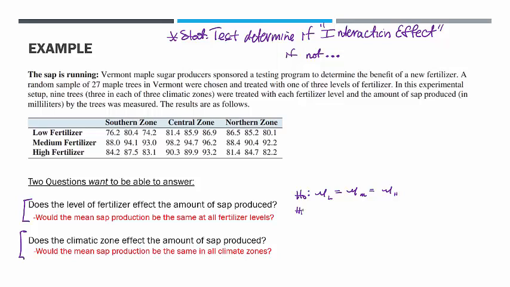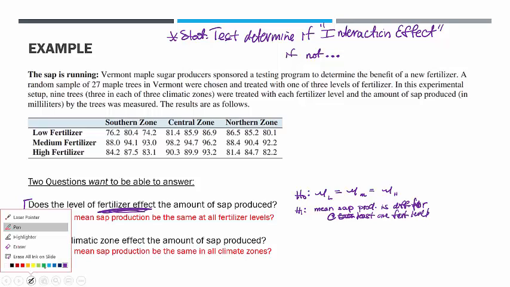The alternative hypothesis would be that the mean sap production is different for at least one fertilizer level. That would be the hypothesis test for checking whether there's a fertilizer effect.